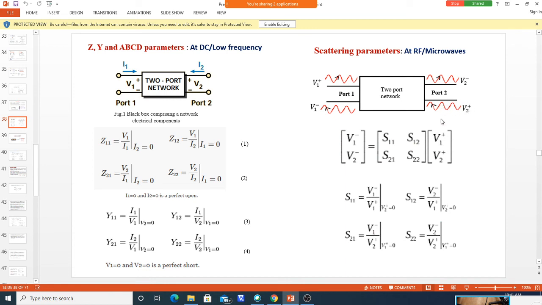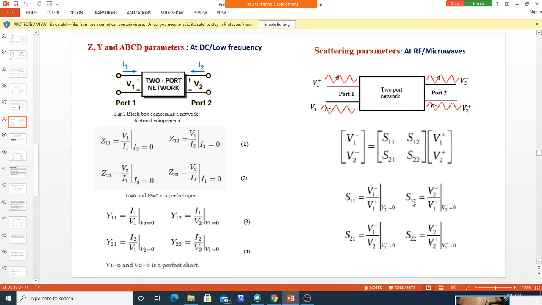Similarly S12. The first suffix is in the numerator and always indicates the outgoing wave, so it is V2 minus at port 2.